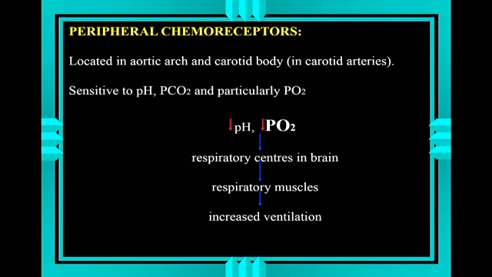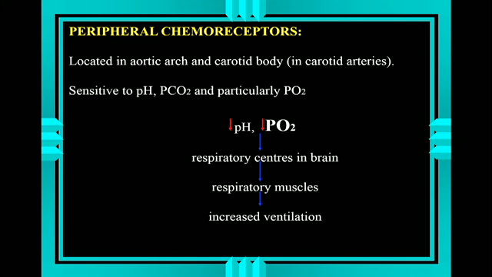Now you might say, why? Because remember, the central chemoreceptors are not sensitive to partial pressure of oxygen at all. They don't care what's happening to oxygen. Does that mean you and I don't care? Well, in certain circumstances, we need to care. So if the central chemoreceptors don't care, something does have to. It's the peripheral ones.